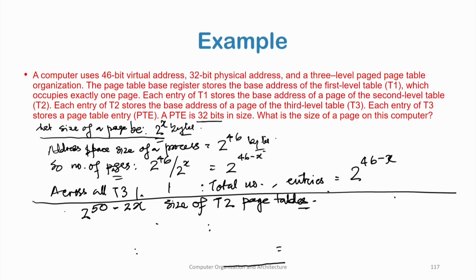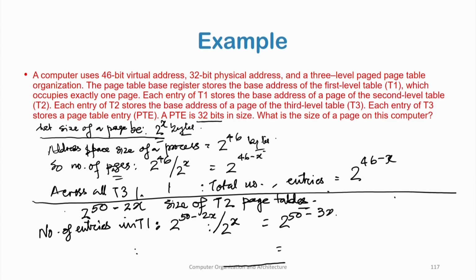Now, this will be contained in T1. If this is contained in T1, then the number of entries in T1 will be given by 2 to the power 50 minus 2x divided by 2 to the power x, which equals 2 to the power 50 minus 3x.